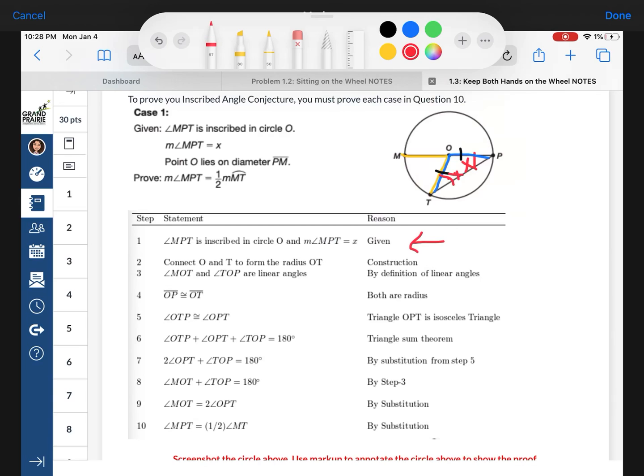The measure of angle MOT in step 9 is twice the inscribed angle OPT. So we can basically go backwards and say that the measure of the inscribed angle MPT would then be half of the measure of the arc MT, or even the angle MOT. There we go. And then we've proven that this formula is correct. We've proven the inscribed angle conjecture.